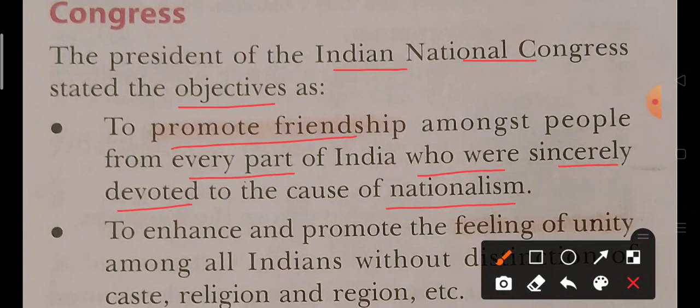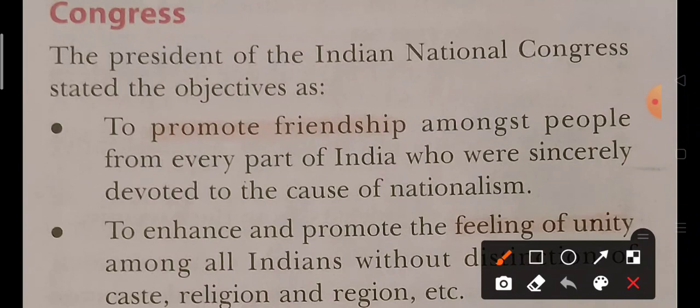Actually, in previous times there were many organizations like the East India Association, established by Dadabhai Naoroji, and the Pune Sarvajanik Sabha. They were working in small areas, which means they were not spreading nationalism in wider areas. So after the Indian National Congress was formed, it decided to promote friendship.